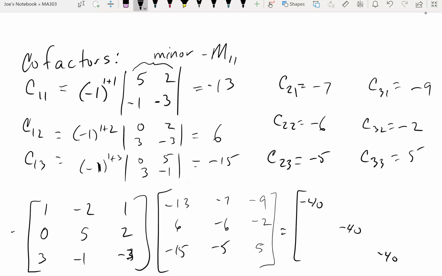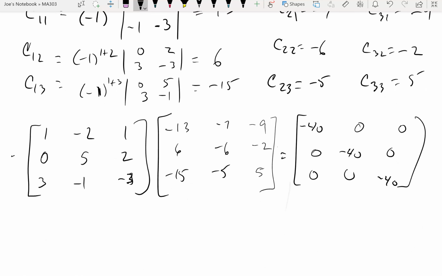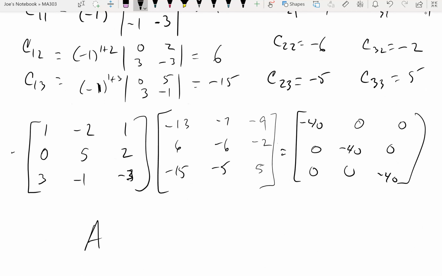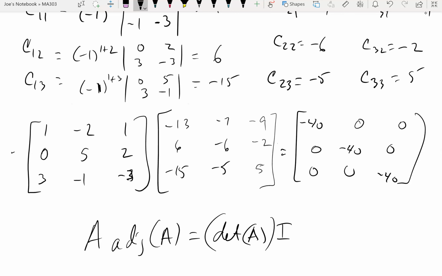You can go through all of the rest of them, and they all are 0. So in general, if you take A times the adjoint of A, you get the determinant of A times the identity.